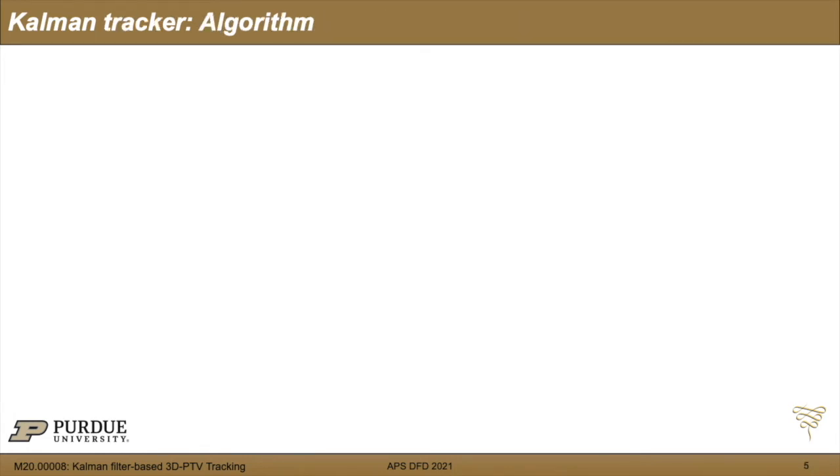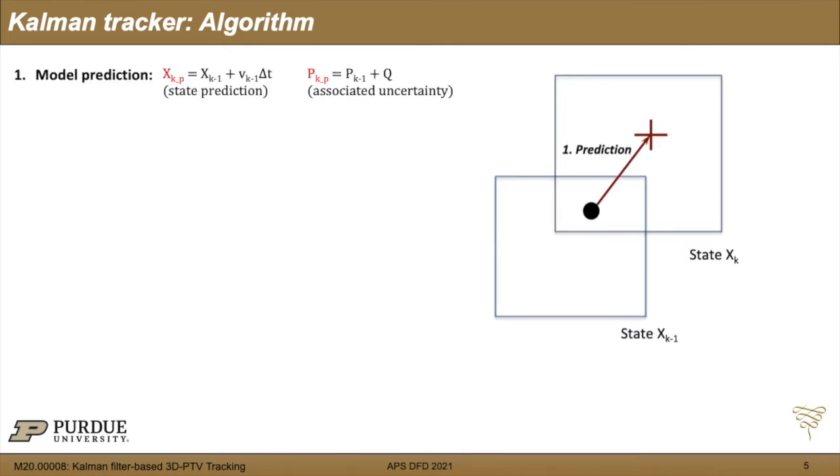With the framework of the Kalman filter now set, let's see how this filtering algorithm is adapted to tackle the PTV tracking problem. We start with a particle at time instant k-1. Kalman's physical model would predict the position of the particle at time instant k, represented by the red cross mark.